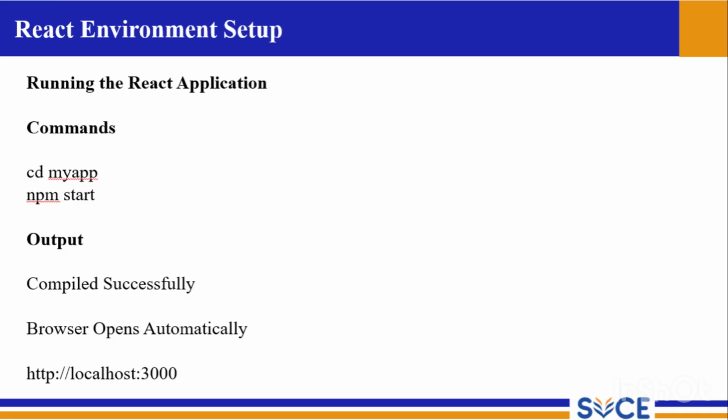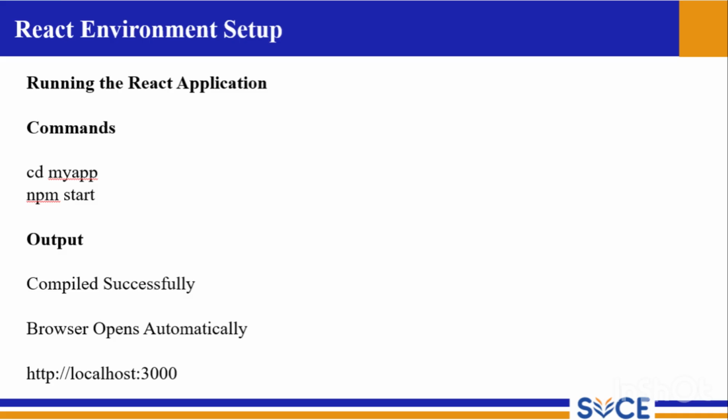If there are no errors, the terminal displays a message indicating that the project has been compiled successfully. After a few seconds, your default web browser will automatically open and navigate to the address mentioned.